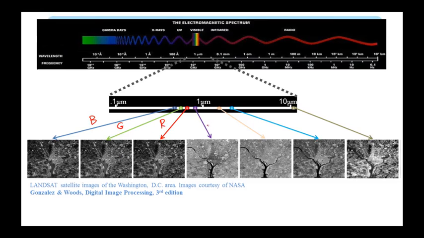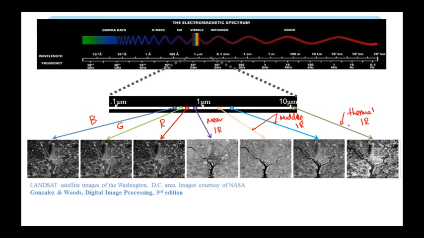I then have a near IR frequency band, 2 middle IR bands, and finally a thermal IR band. Each of them provides useful information about the area that is being imaged.